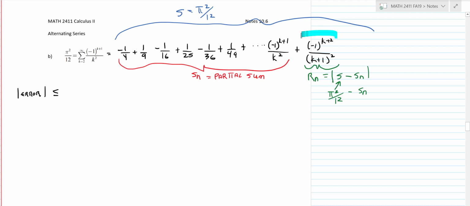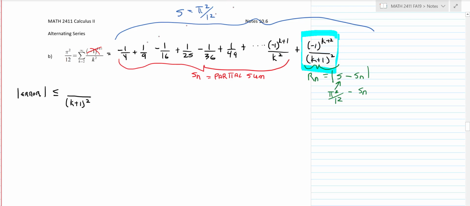I'm going to use this form: that's less than or equal to negative 1 to the k plus 2 all over k plus 1 squared. We don't really have to worry about the sign part; that's just going to be 1 because we're not looking at that part of the alternating series.